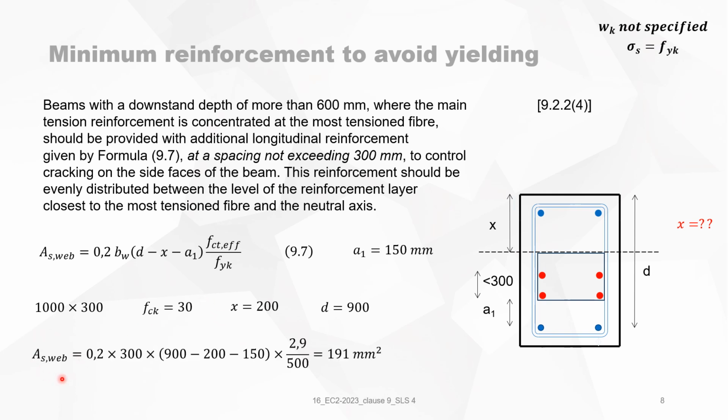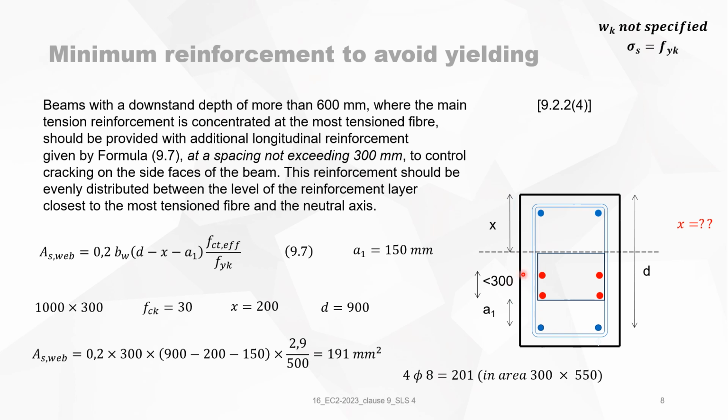Then applying this formula, we arrive at 191 square millimeters or 4 diameter 8. And those are the 4 red dots. Don't confuse this reinforcement with skin reinforcement. Skin reinforcement is for high depth beams, but then the skin reinforcement is put outside the stirrups.